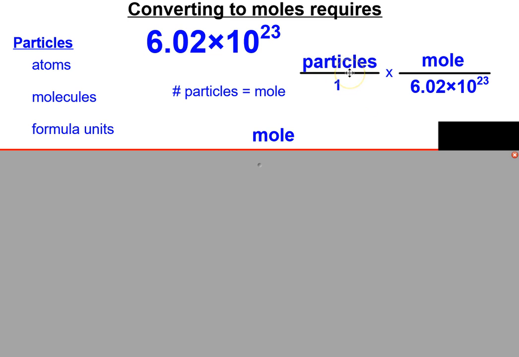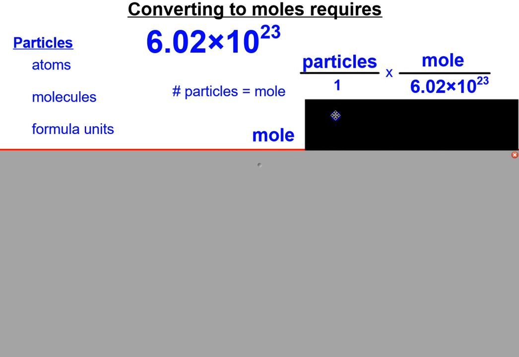So, particles is going to be the first fraction in the calculation, and that fraction is going to allow us to change into moles because the particles that we're given will be canceled by the particles of the Avogadro number, and then that will change us into moles.